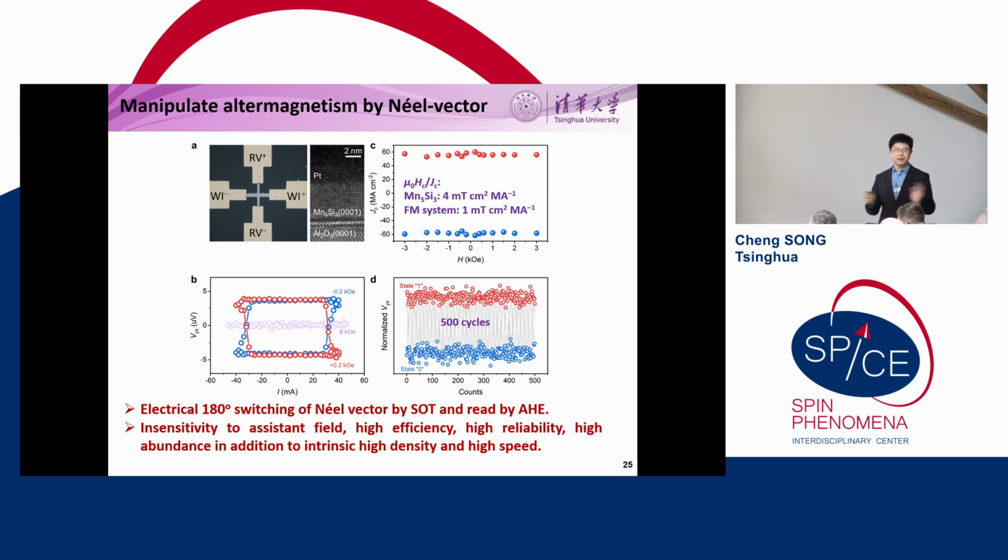So they work on different objects. We can also see the switching works for assisting fields from 0.2 to 200 kilo-oersted. When the magnetic assisting field is very large, there's no switching anymore because it pins the switching. Also, the switching is very robust. We show here 500 cycles, and the switching is good.